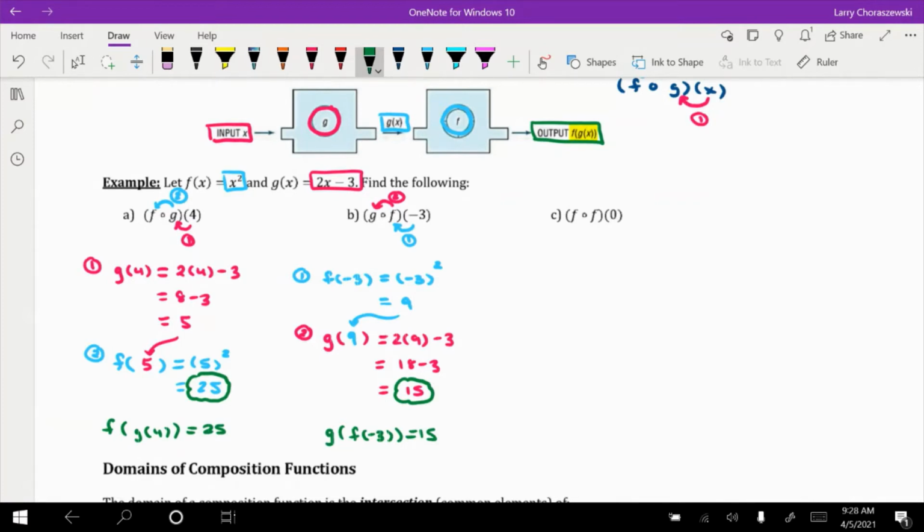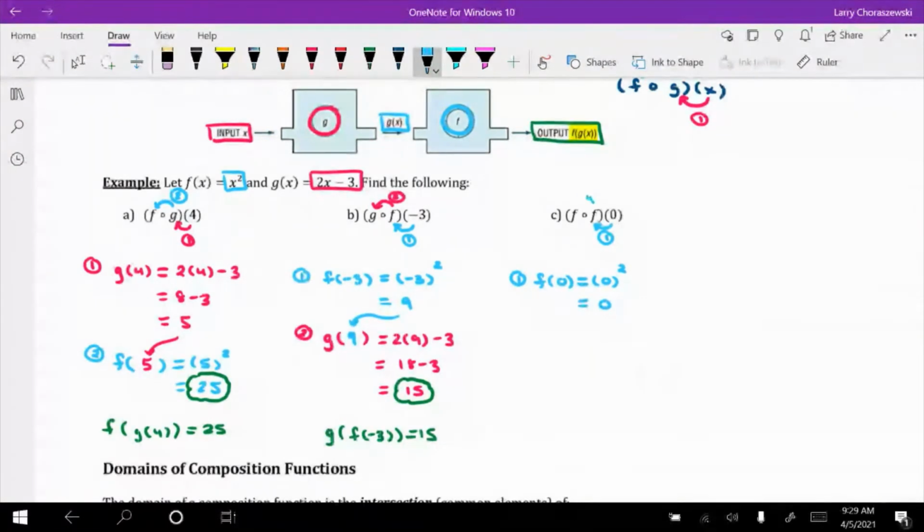All right, for part C, we're going to use the function 2 times in a row. The first function we use is f. So let's work out f of 0. That's going to be 0 squared, giving us 0.